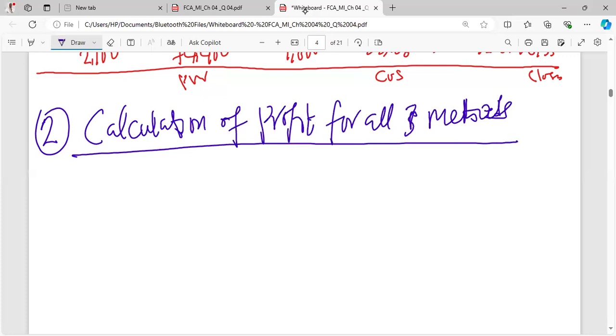So let's list the methods here. This is going to be WAM. This is going to be LIFO. This is going to be FIFO.